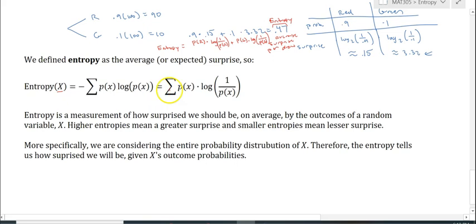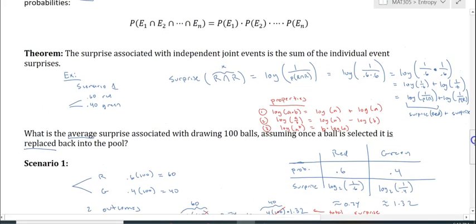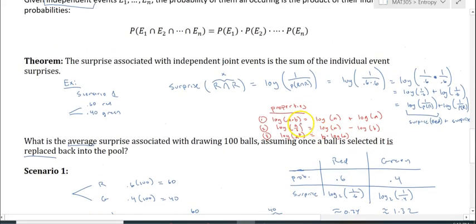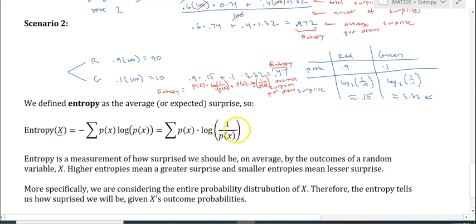Now, if you're wondering how these two things are equal here, let me show you. We can use a property of logarithms, where if we have a ratio, the log is the log of the numerator minus the log of the denominator. If we took this guy here and wrote it as the log of 1 minus the log of the denominator, which is p of x, well, the log of 1 is 0, and you get negative log of p of x.